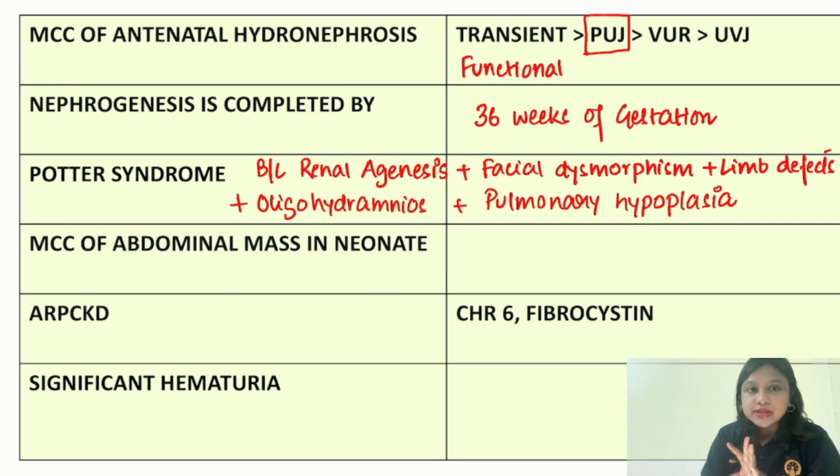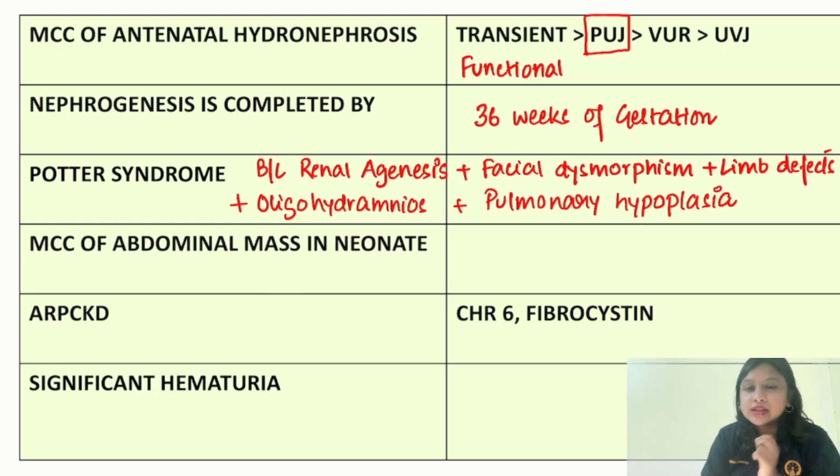So for your entrance exams, you should remember that in Potter syndrome, we have renal agenesis along with lower limb defects, and there is oligohydramnios and pulmonary hypoplasia. Any other condition where we are getting pulmonary hypoplasia, the answer is congenital diaphragmatic hernia. Another thing, if you have to remember, apart from this, you can remember autosomal recessive polycystic kidney disease.